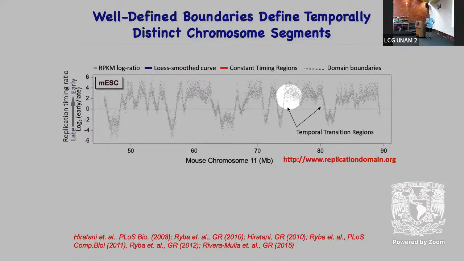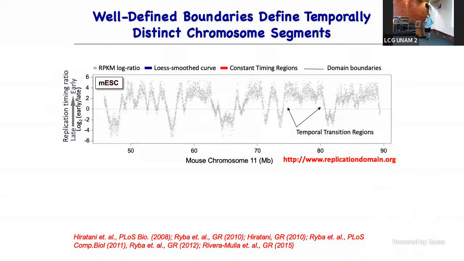And then you can see that these are punctuated by what we call temporal transition regions, where replication is proceeding linearly with time along the chromosome. And for the most part, with some exceptions, these regions are moving consistently with a single replication fork, moving very long distances through the genome at 2 kilobases per minute, which is the known rate of elongation. So this is kind of a dangerous situation because you have this fork out there that's chugging along for hours and hours, replicating hundreds of kilobases.